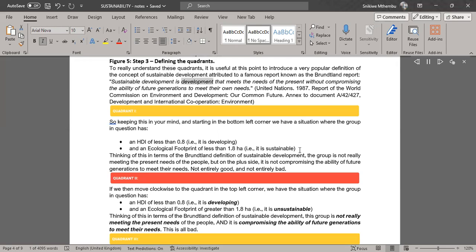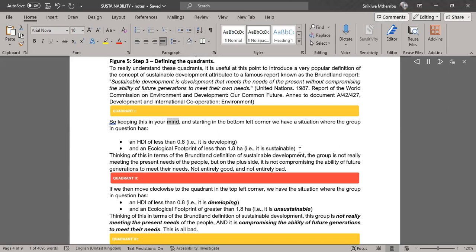Sustainable development is development that meets the needs of the present without compromising the ability of future generations to meet their own needs. United Nations, 1987 Report of the World Commission on Environment and Development, Our Common Future. Annex to Document A/42/427, Development and International Cooperation, Environment.